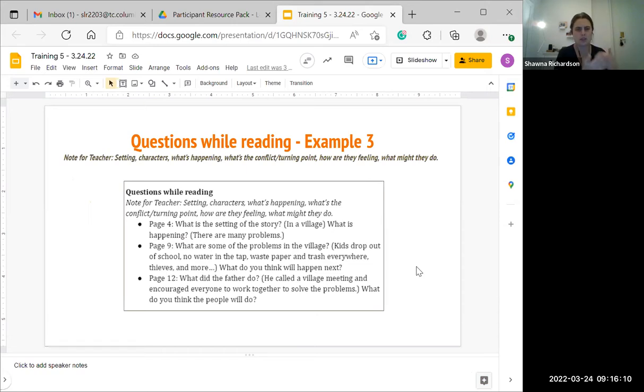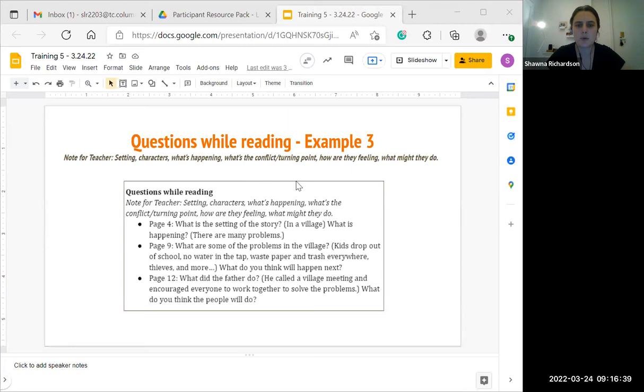What's the conflict so far? How do you think they're feeling? And also get students to start asking, what might they do? What might happen next? These are not many questions, but as you turn the pages, maybe stop on a few pages where you want students to engage with the story. This keeps them interested in listening throughout.